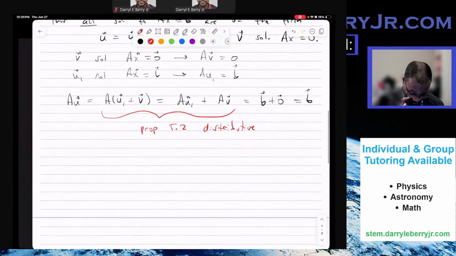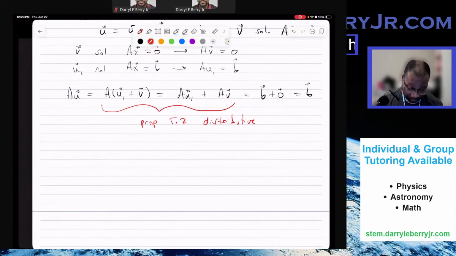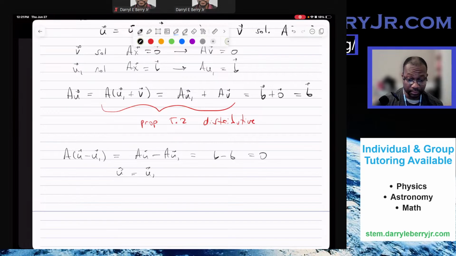And you could also go U minus U1. So that'll be the same thing as AU minus AU1 equals B minus B equals 0. So that means U minus U1 solves the homogeneous system.